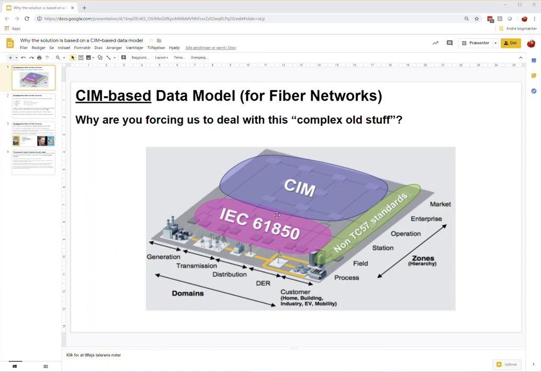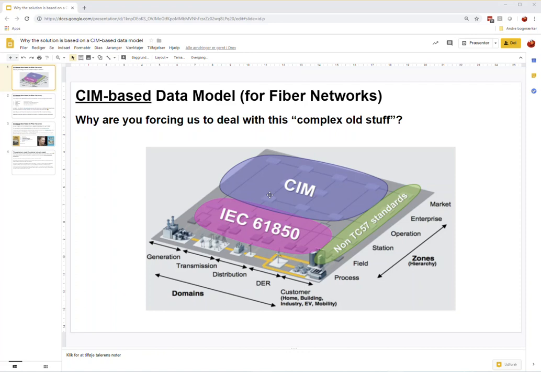So, you probably never heard about the CIM standard before. Not many know this standard unless you work in the power utility domain. The CIM standard was basically a frustration by some IT people working with systems in the power utility world, such as SCADA systems and stuff like that.